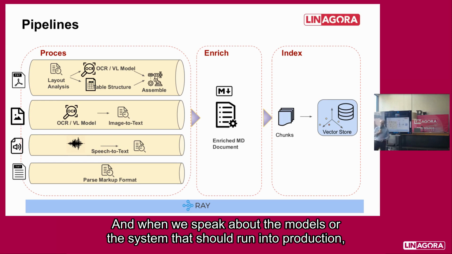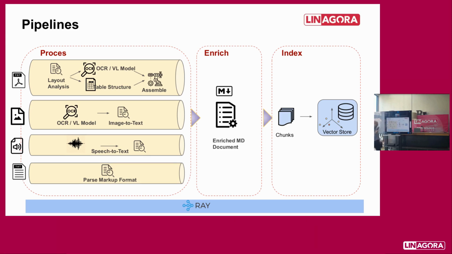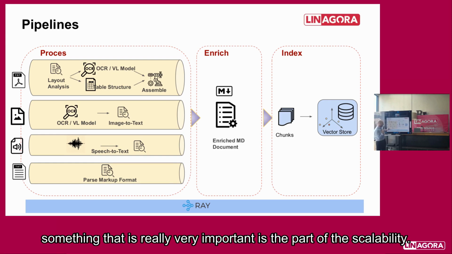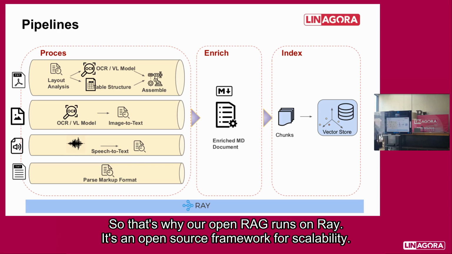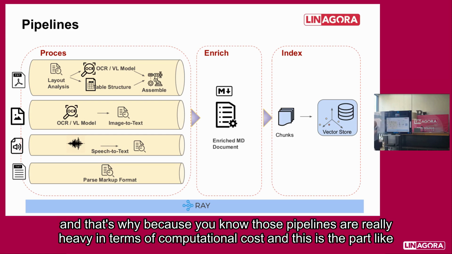And when we speak about the models or the system that should run in production, something really very important is the scalability. So that's why our OpenRAG runs on Ray. Ray is an open source framework for scalability.